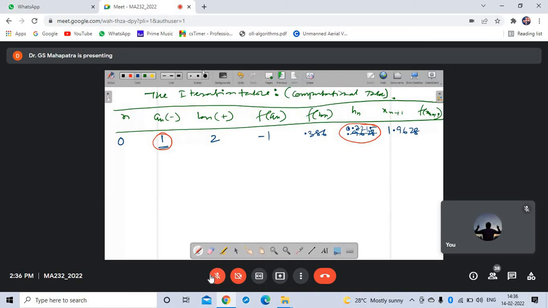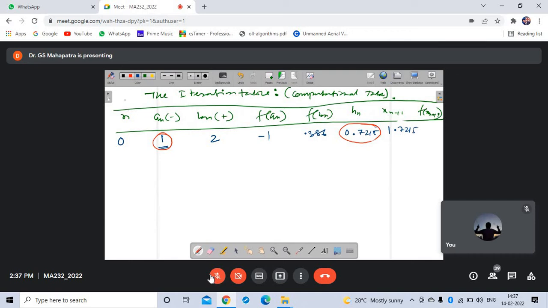So I will erase everything once again. This is a mistake. 0.7215. So now 1.7215. What is f of xn plus 1? That means the functional value. What is the function?